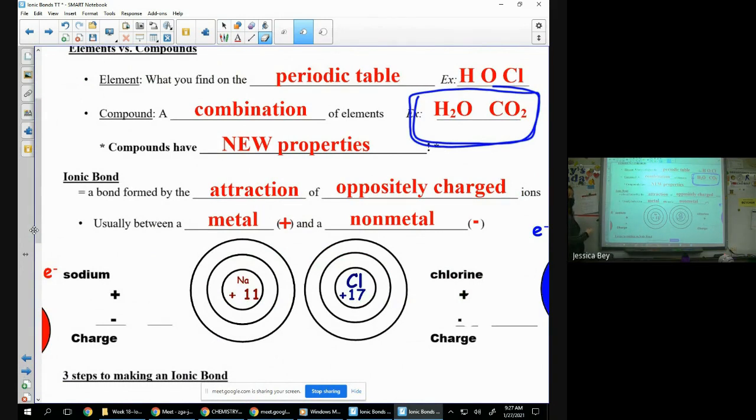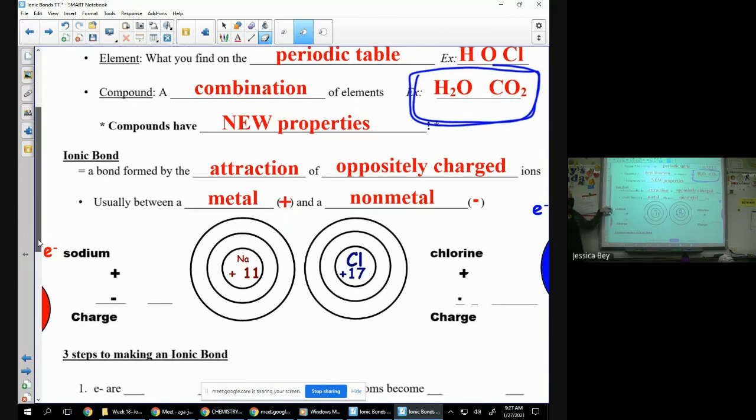So you pick one from the left and one from the right, and if they react together, that is an ionic bond. Okay? You might see that on your quiz, asking what elements are involved in ionic bonds. One from the left, one from the right, because you need a positive and a negative.